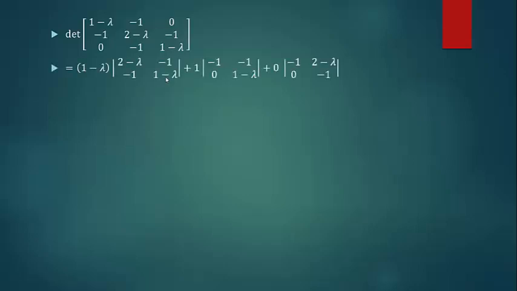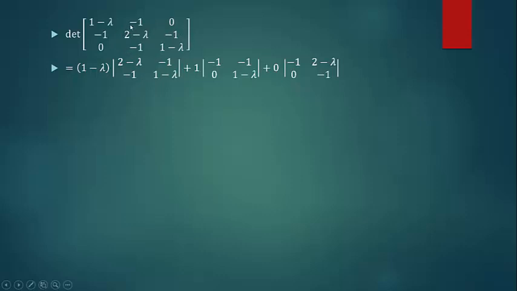Alright, so I'm going to use a cofactor expansion to compute the determinant. And I'm going to pick the first row here. So I've taken 1 minus lambda times the determinant of the submatrix that I obtain when I eliminate the row and the column that 1 minus lambda is contained in. So I have to take the determinant of this 2 by 2 submatrix.